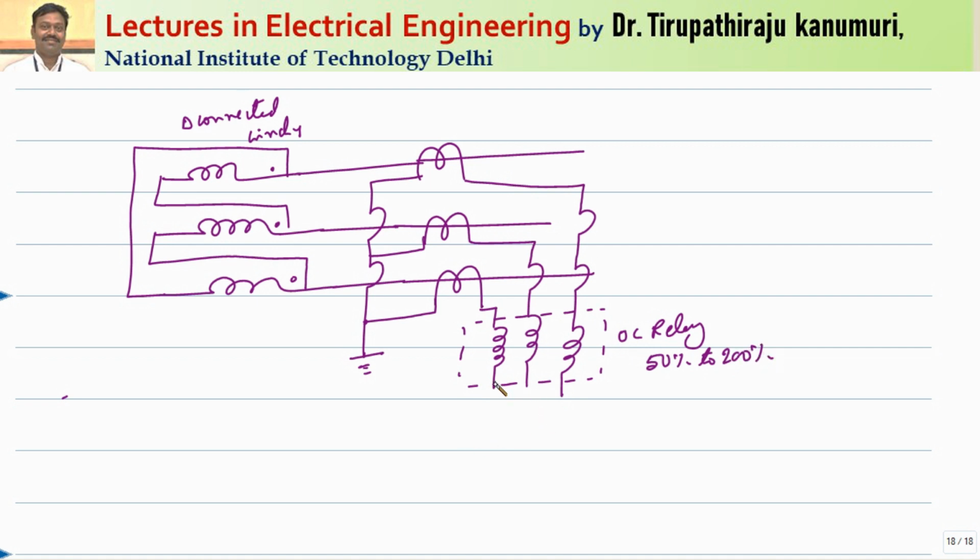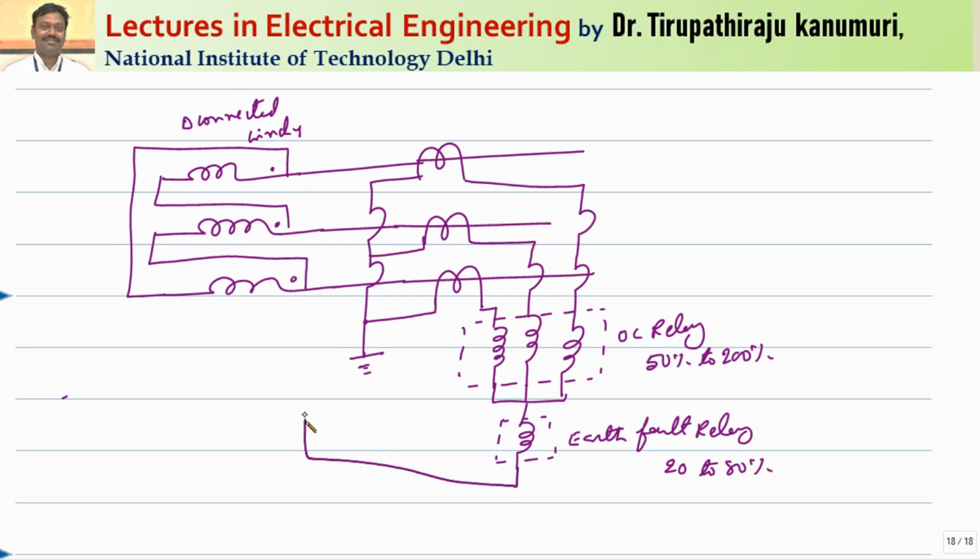Now these common points, wherever they are connected together, will be connected to another relay. This relay is the earth fault relay. The earth fault relay setting will be made between 20 to 80%. This will be connected back to ground. This way the connection will be made.